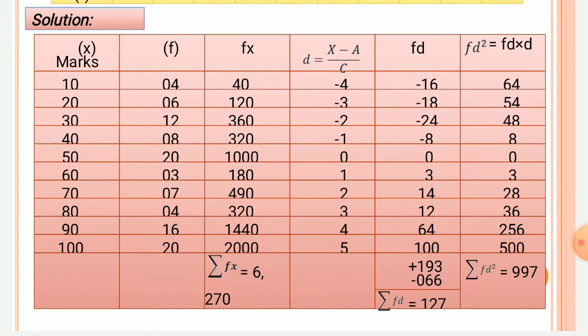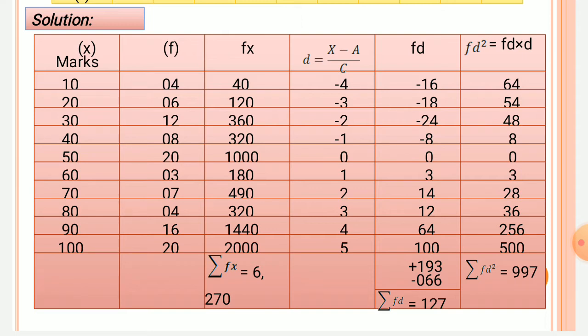So likewise we go on finding fd, the multiplication of f into d, till the end of the values and frequencies.